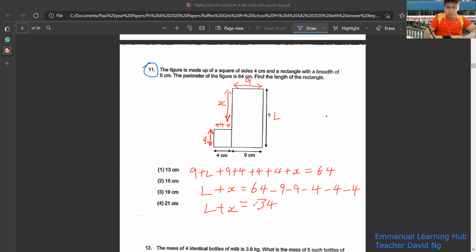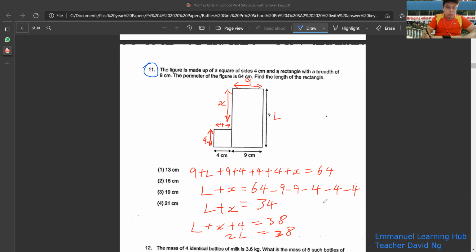Okay? X you don't know, but X plus 4 is L. Can I say 2L is 38? Yes. Do you understand why 2L is 38?